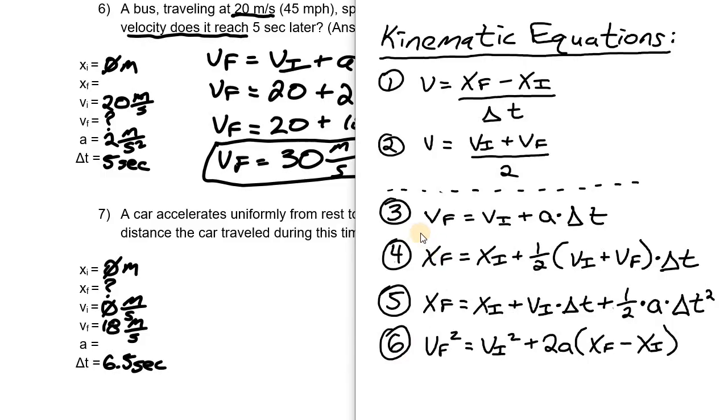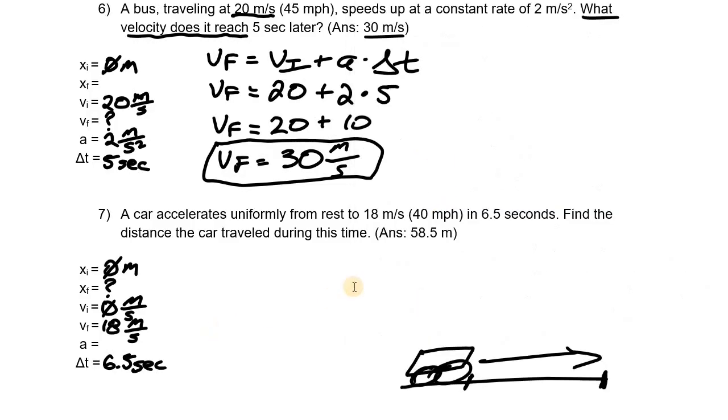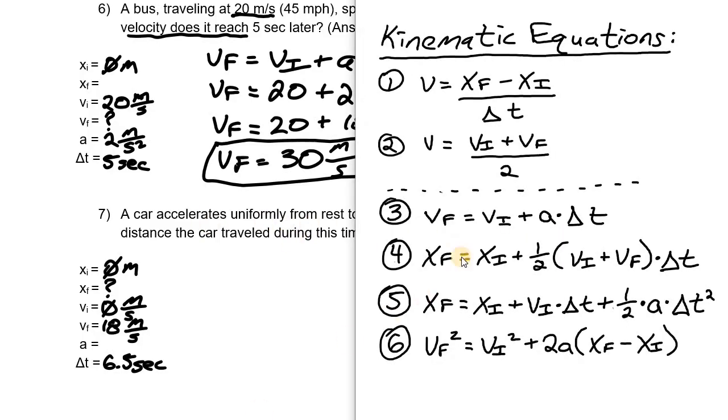So coming through here, first of all, is the problem having to do with the average velocity? No, right? So we're just going to come back down here. Once again, does it have to do with average velocity? No. So we're just going to be identifying these equations over here, looking for the variable that we don't care about, which once again is acceleration. Over here, we have acceleration right there.